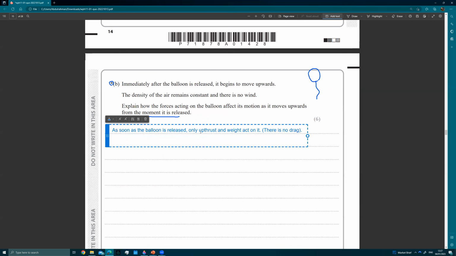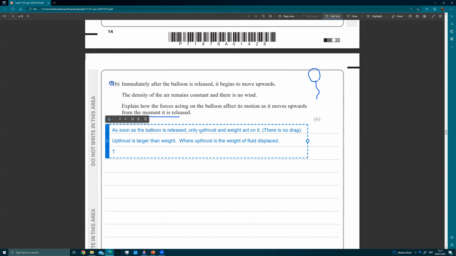Good. Then it accelerates upwards, right? And that's because there's a resultant force. So I'm going to say that upthrust is larger than weight. I might even define upthrust because in some questions you get a mark for just defining what upthrust is, where upthrust is the weight of fluid displaced. Therefore, there's a resultant force because upthrust is larger than weight.